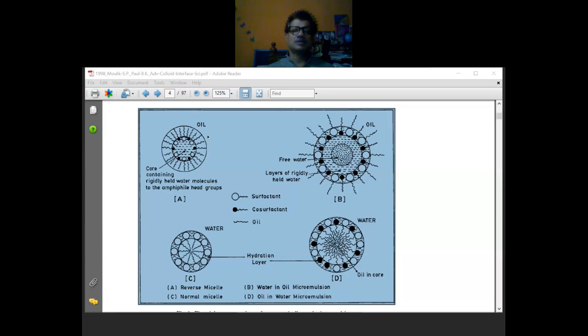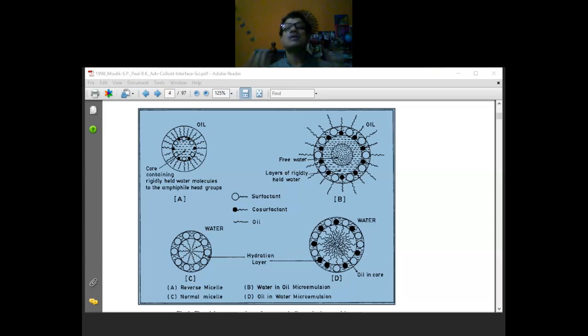And you see the core of the micelle, we have been repeatedly saying it, is hydrophobic in nature, it is oily in nature. So the core of the micelle can accommodate some oil molecules. So oil molecules can be dispersed into the core of the micelle.